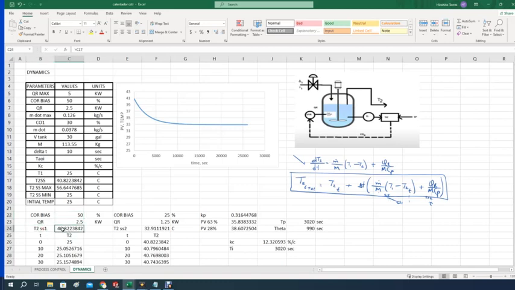This steady state value of 40.82, I take it from here, but I can definitely put the equation here, which is basically for when this value here goes to 0, the differential equation goes to 0, you can solve for T2, which I can put that number here, so you can see that's going to be equal T1 plus QR, now I can see it's right here, divided by M flow divided by 4.18.